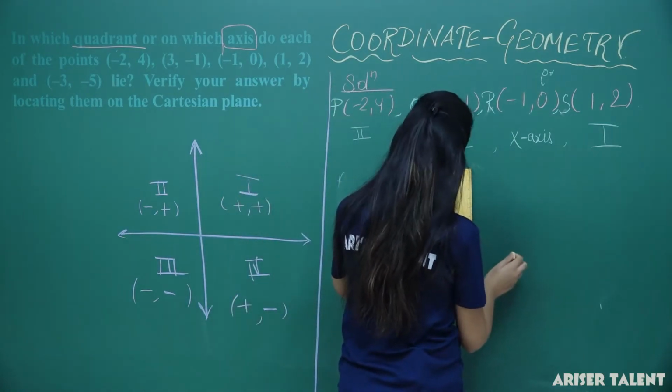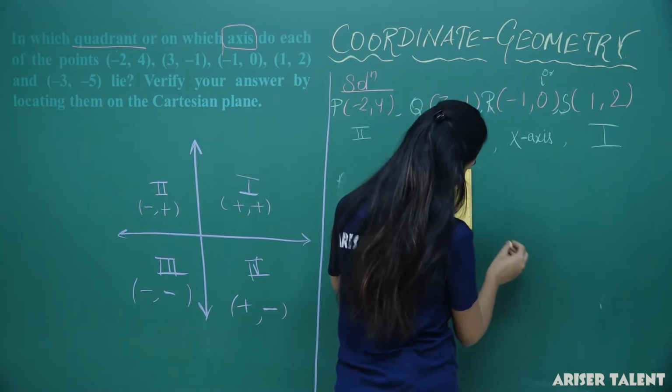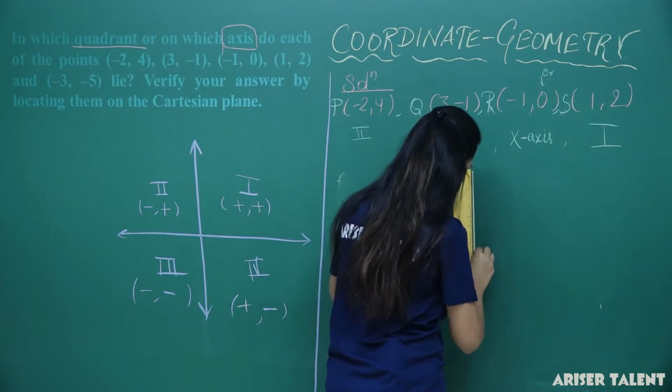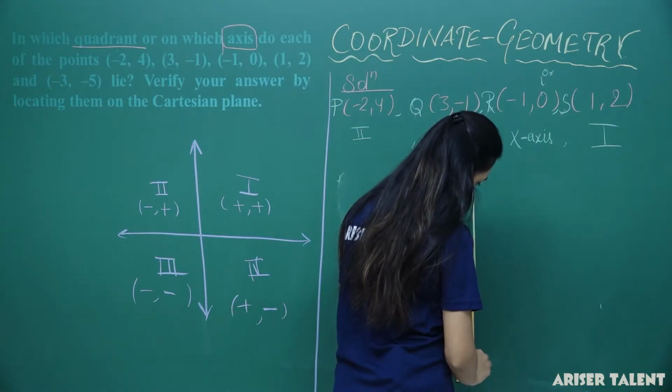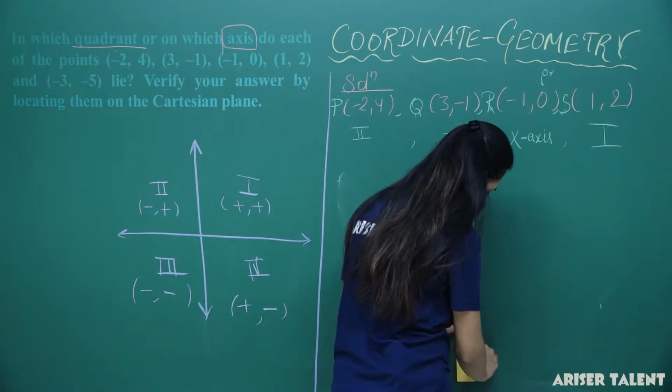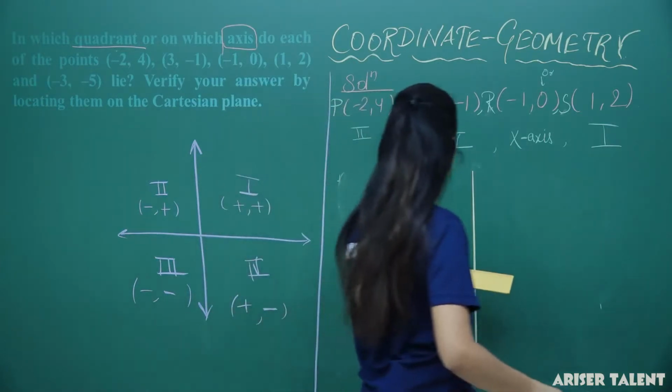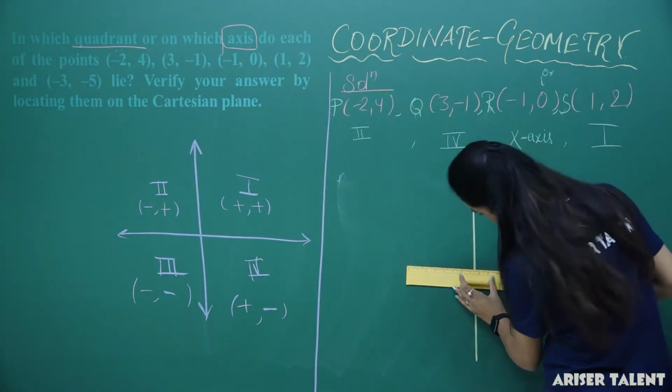With your scale, you are going to draw the x and y axes. So this is one and this is the second one.